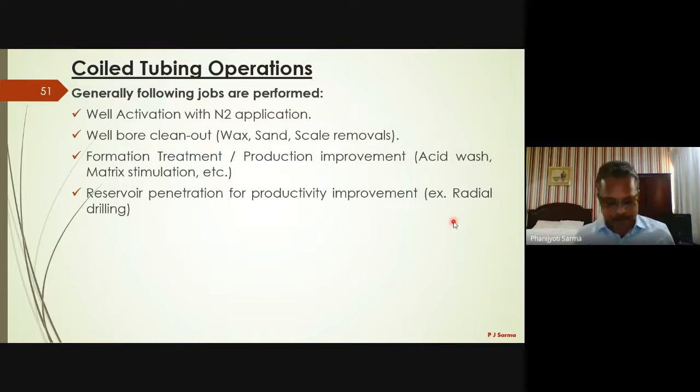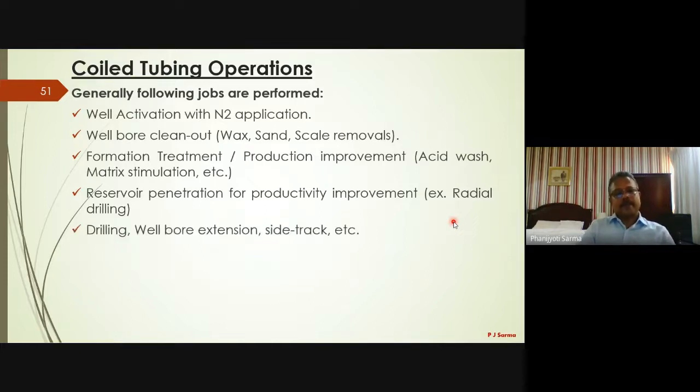For productivity improvement, a requirement may arise where you need small holes inside the formation, away from the tubing. So radial drilling can be done with coil tubing operation. Even drilling can be done, well bore extension can be done, and the well can be sidetracked with coil tubing operation.